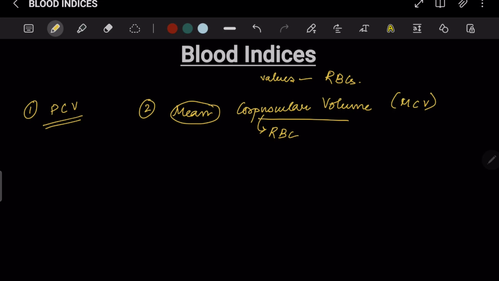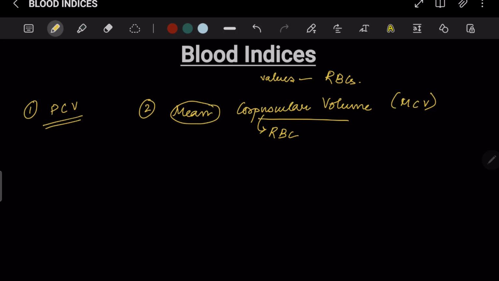A blood sample is collected, the RBC count is done, and the PCV is measured. If the blood sample has a certain number of RBCs and all those RBCs when packed together have a certain PCV, we can calculate the average volume of one single RBC in the formula.